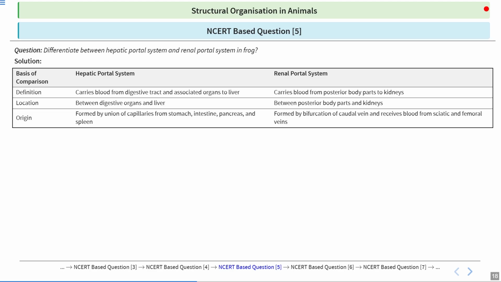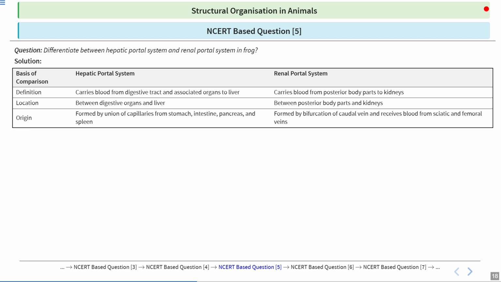Origin. Hepatic portal system is formed by the union of capillaries from the stomach, intestine, pancreas, and spleen. These are the organs that are related to digestion, right? So from all these organs, the veins come out and join one single vein and enter the liver.